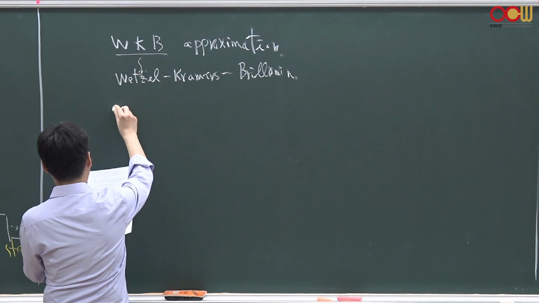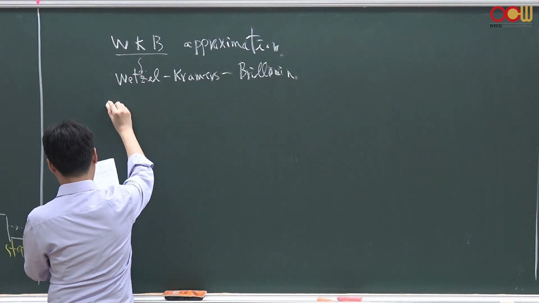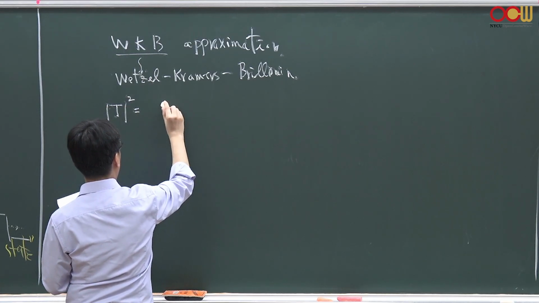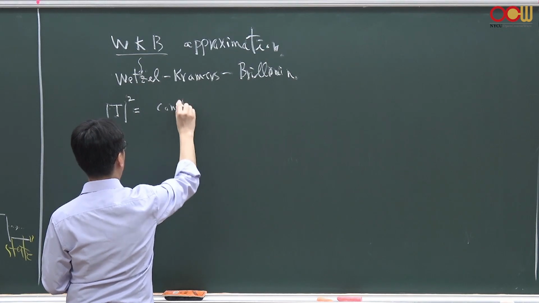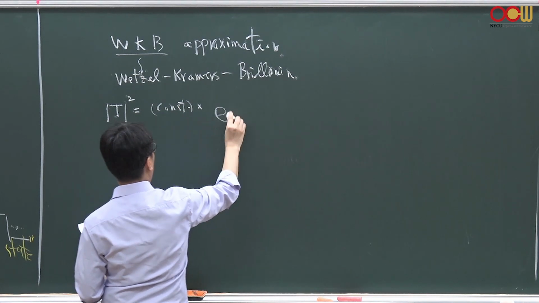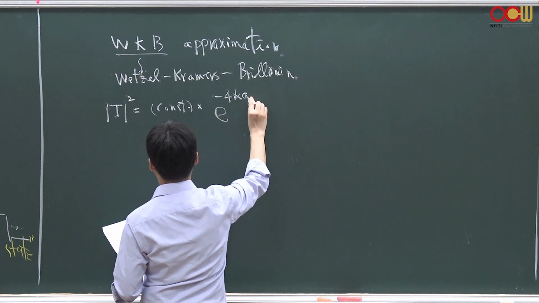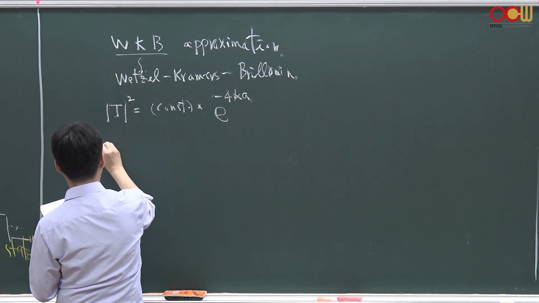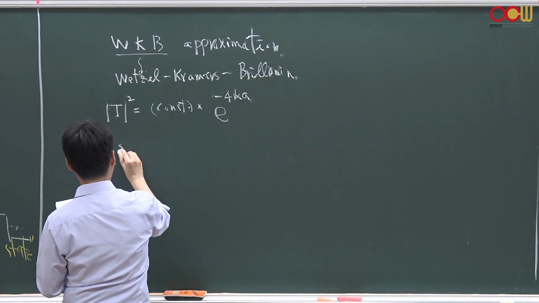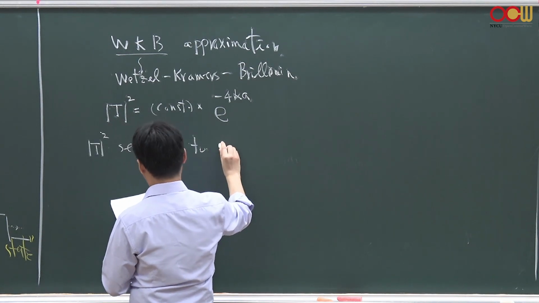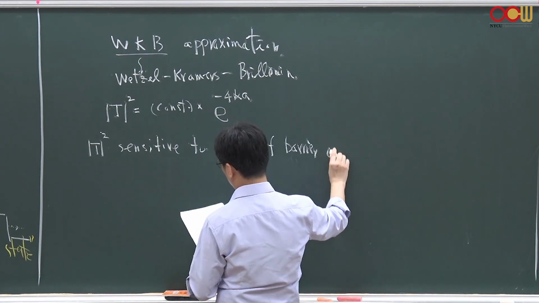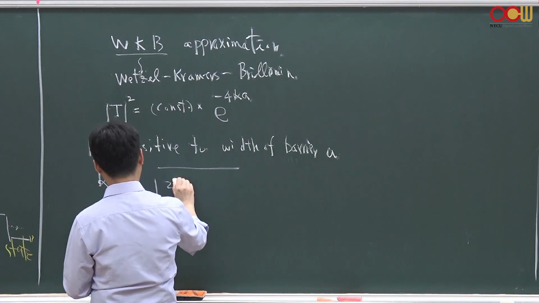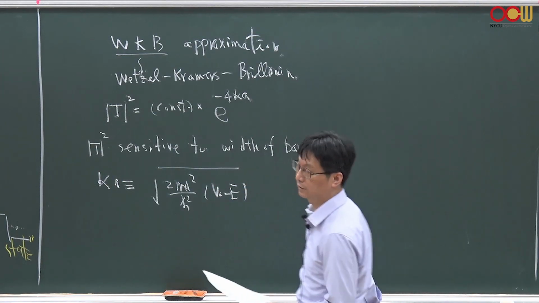This approximation is based on the observation that T squared is, again, a constant prefactor times e to the minus 4 kappa a. And we know that this T squared is really sensitive to the width of the barrier, a, because kappa a is in the exponent.